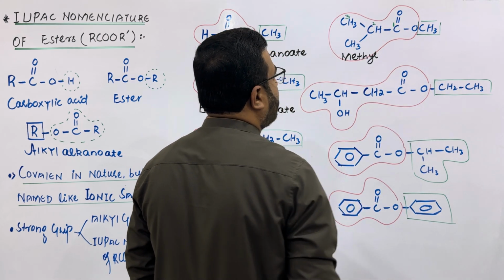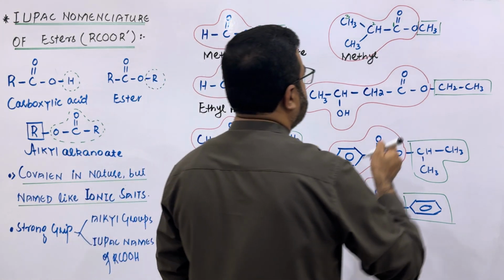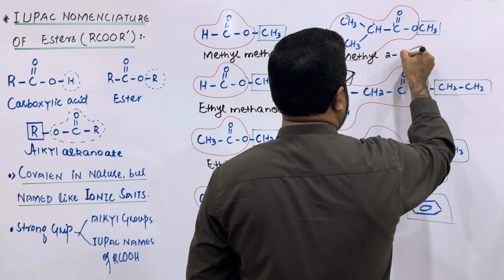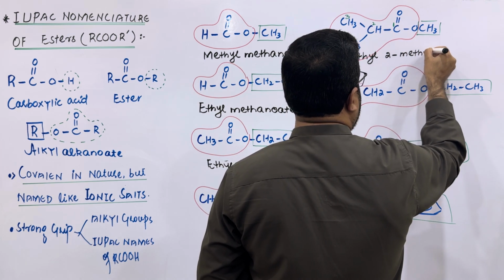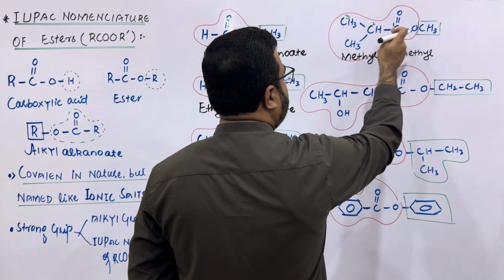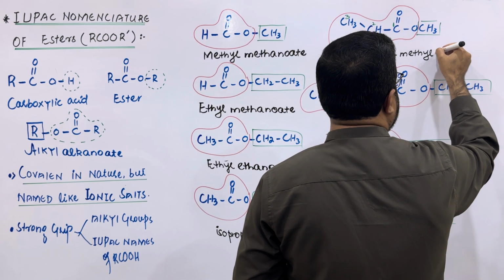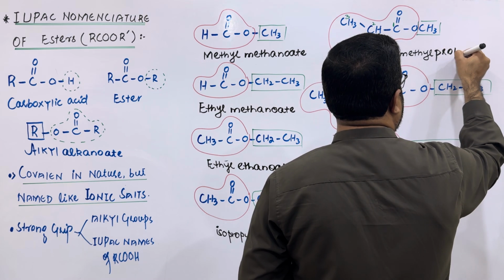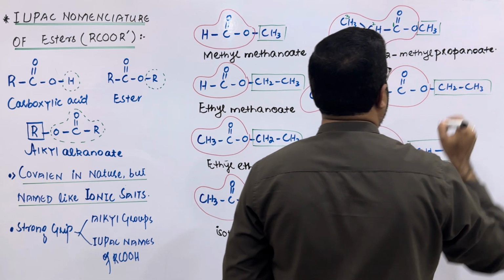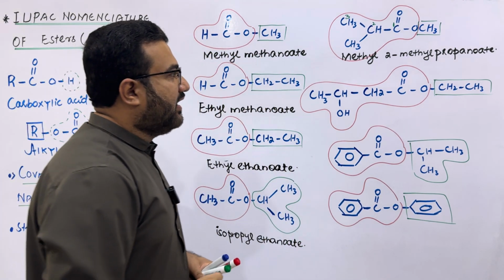And with the second carbon, there is a methyl group attached. So that should be called methyl 2-methyl. Means the methyl group is attached with the second carbon, and there are total three carbons in the chain. So that will be from propanoic acid, and it will be called propanoate. So that will be methyl 2-methyl propanoate.